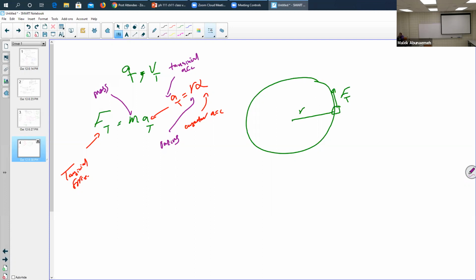Now, when we're talking about torque, we're talking about your force multiplied by distance.